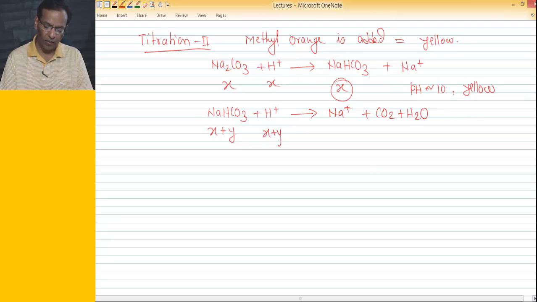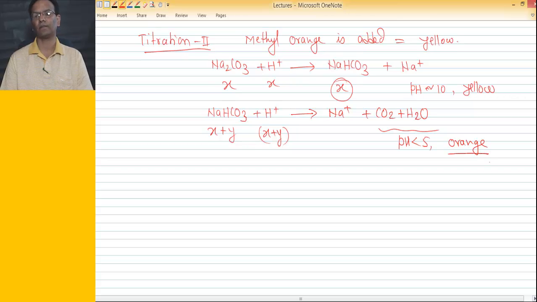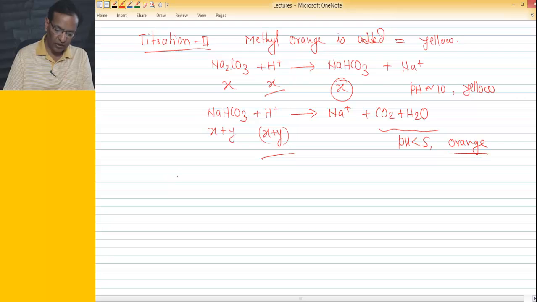x plus y millimole of H plus would be required, and now the solution has pH less than 5, it will become orange color. So in order to reach from yellow to orange, the millimoles of H plus required is 2x plus y.